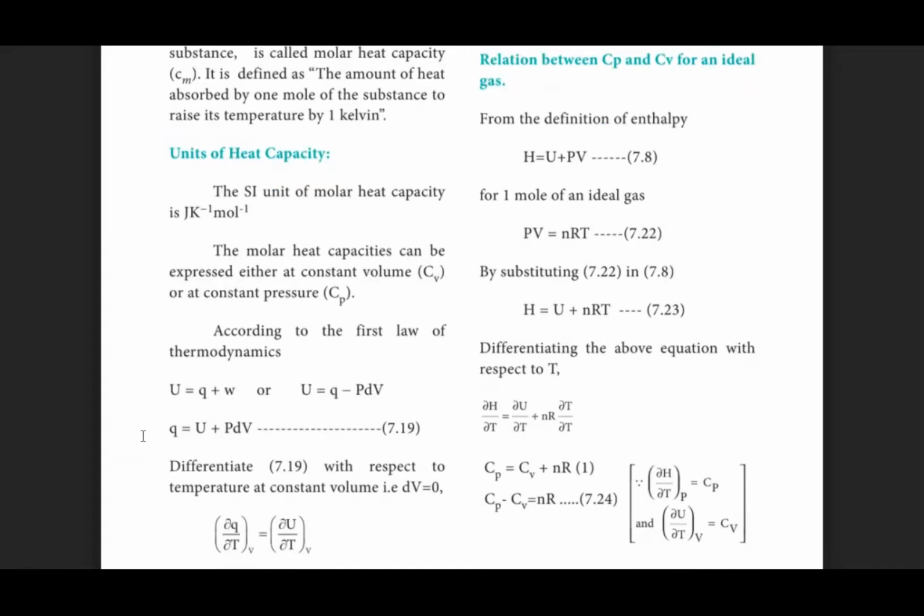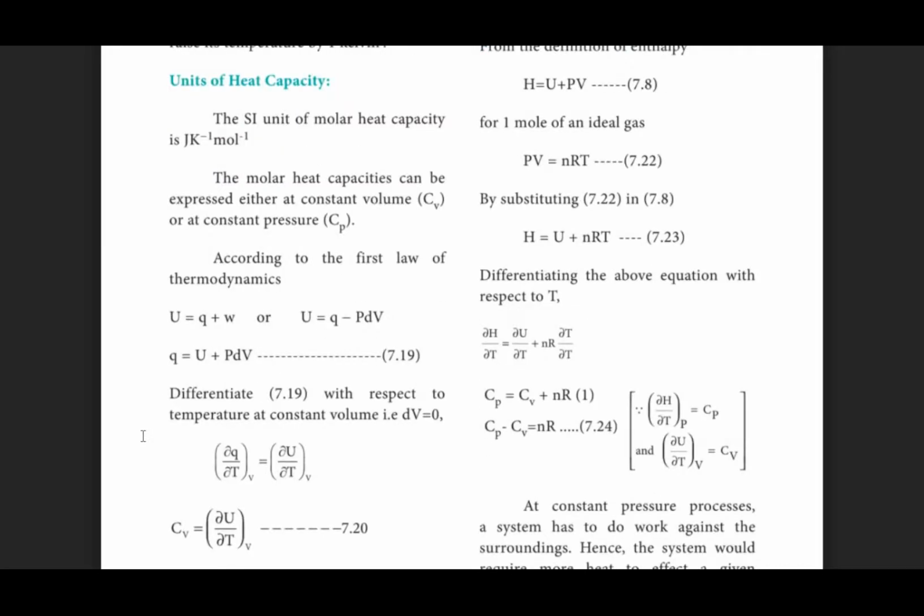Differentiating the above equation with respect to T, dou H by dou T is equal to dou U by dou T plus R, because R is a constant, so we can take it out. We cannot differentiate it. Dou T by dou T becomes 1. Therefore, dou H by dou T is Cp and dou U by dou T is Cv.